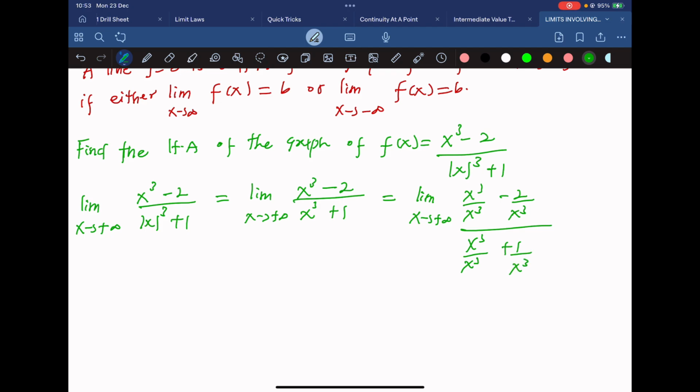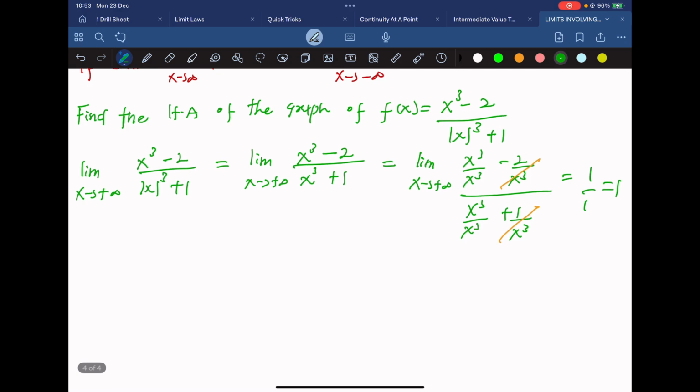So we get to see that all these terms go to 0, right? So what is left is just this over this, which will give you 1, and this out of this is also 1, which is equal to 1.